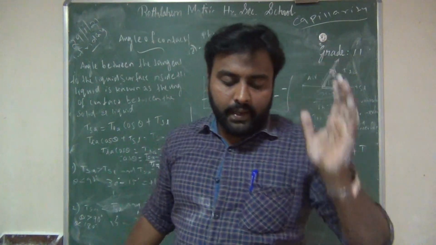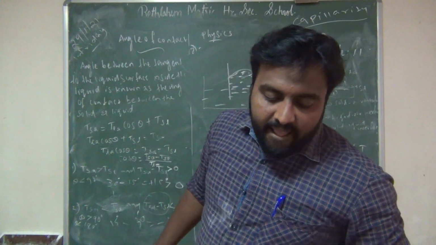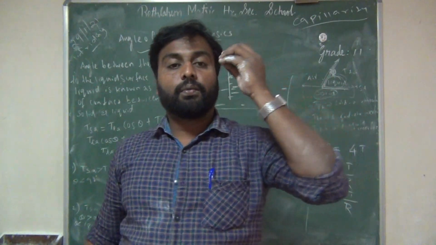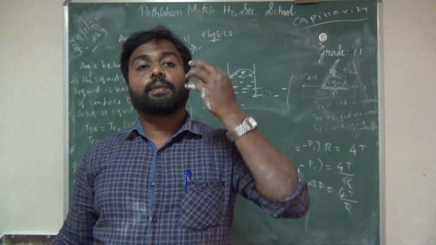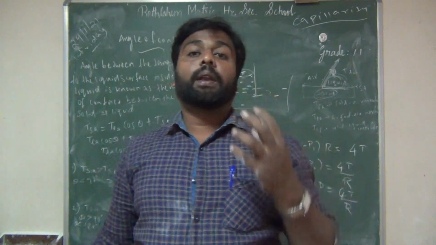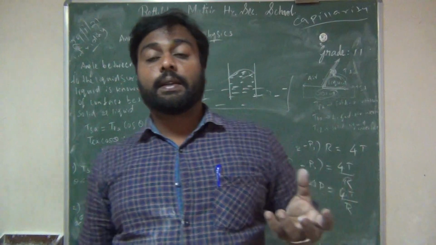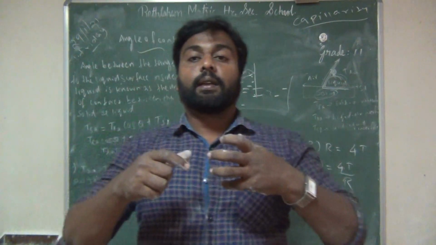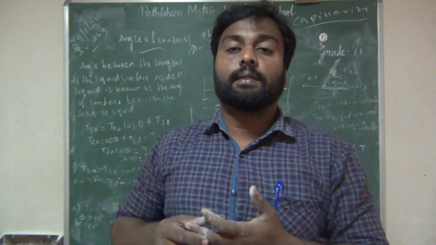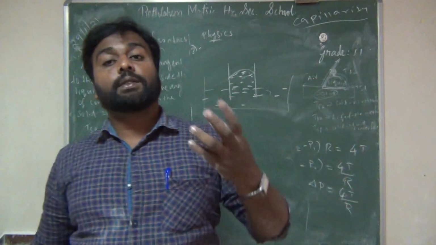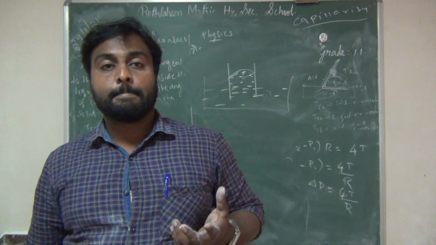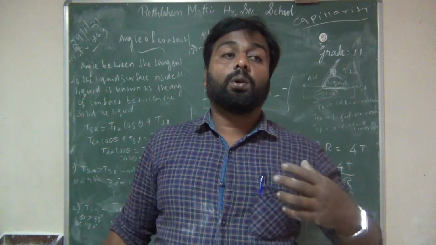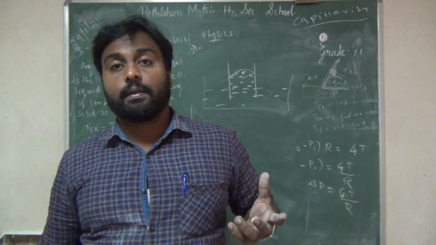And the next application is, in our eye there is always some fluid. Sometimes we can see our eye is filled with fluid, and after some time it is drained. Why is this happening? How does it drain? It is one of the applications of capillarity. And the last application is, we prefer cotton dresses during the summer season.